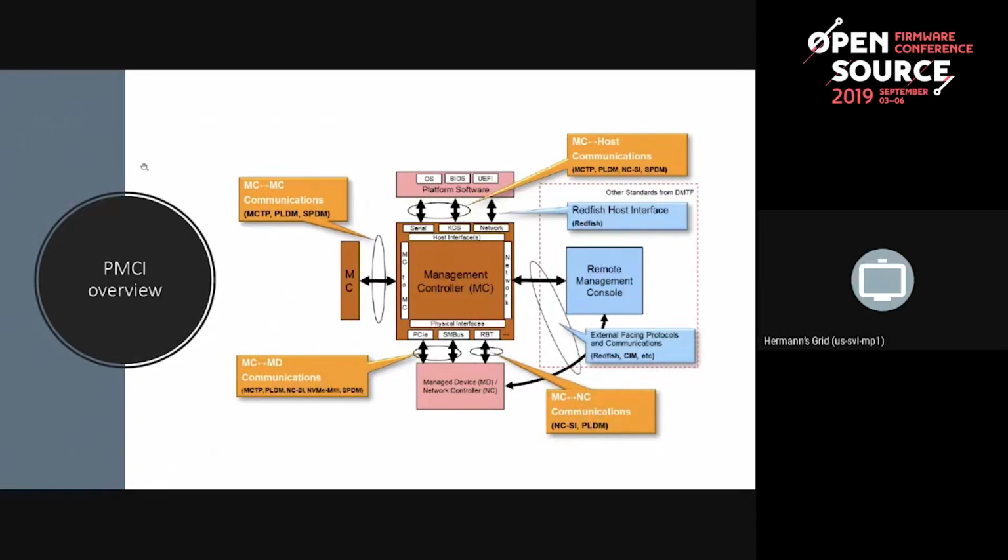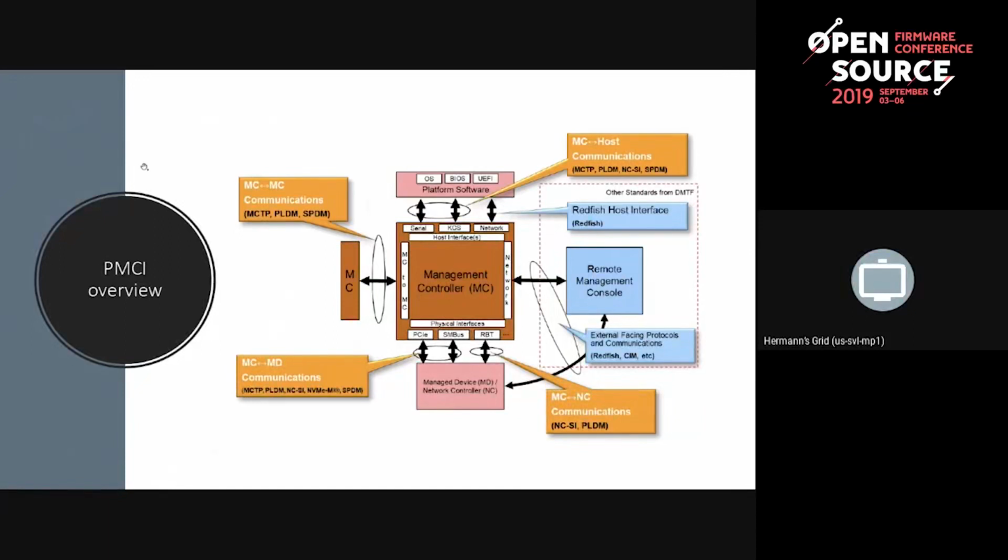There's also the platform software on the top, which is basically firmware running on the host CPU. It typically talks to the BMC using physical interfaces like KCS or serial-based interfaces, and the platform firmware talks to the BMC to accomplish some kind of management functions.